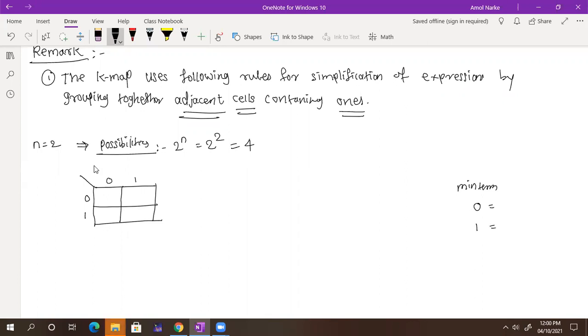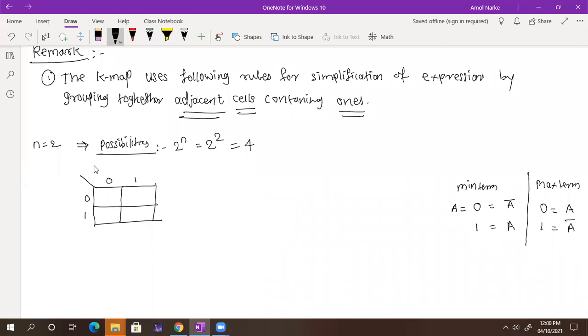Suppose I have A, and the value of A is 0 and 1. How do you define 0? A complement, yes or no? In min terms, yes. And here A as it is. And in max term, 0 is defined by A, and 1 is defined by A complement.